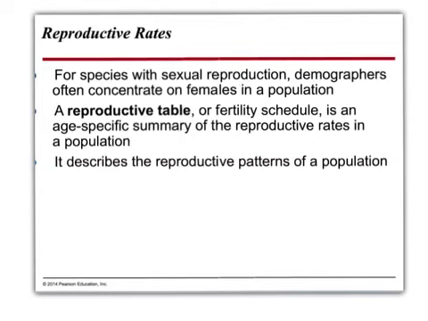A reproductive table, or fertility schedule, is an age-specific summary of the reproductive rates in a population. Among humans, reproductive rates are really low at the beginning. Why? Really low up until they're 10 because they haven't reached puberty, they're not reproductively mature.